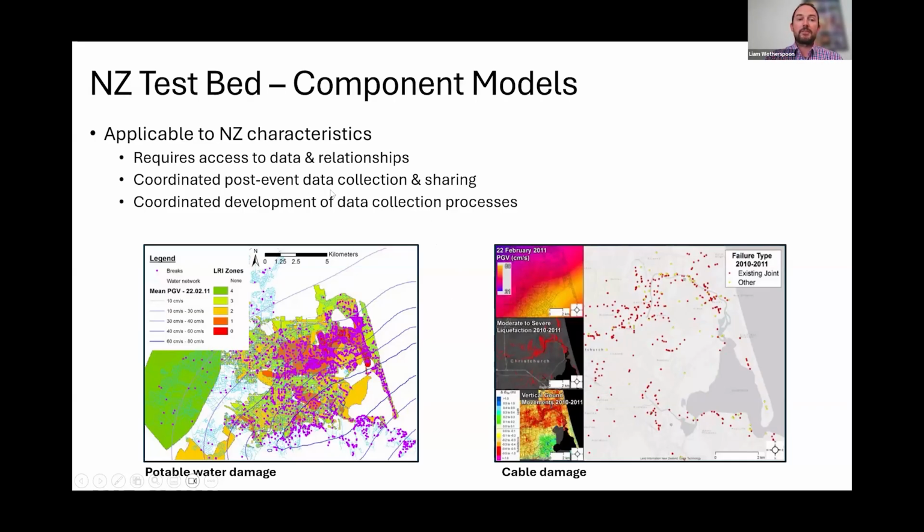What we've realized is that this requires collaboration post-event, working alongside the stakeholders to collect and share, and to the point of actually going back and forth in peacetime to say to the different stakeholders, hey, if you're collecting this, this, and this, it may not be immediately applicable to your immediate recovery, but that data will add huge value moving forward to improve these models, because usually we lose this perishable data and it's lost forever. So lots of relationships allow us to think about how we collect things for future events.